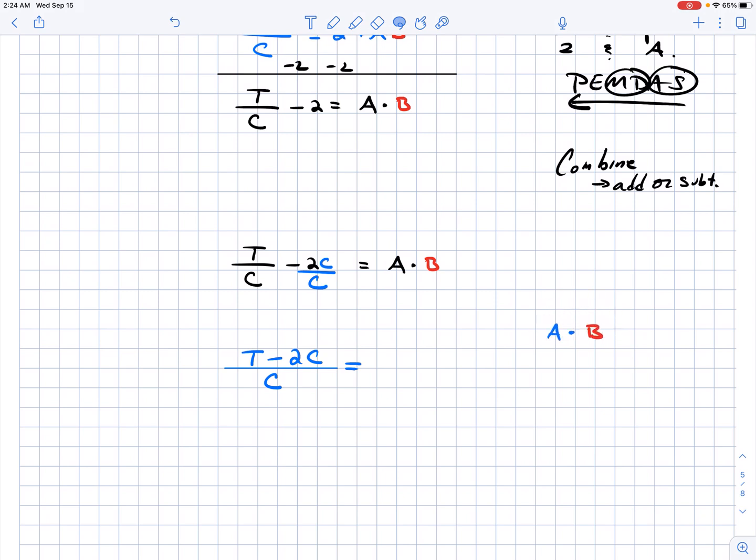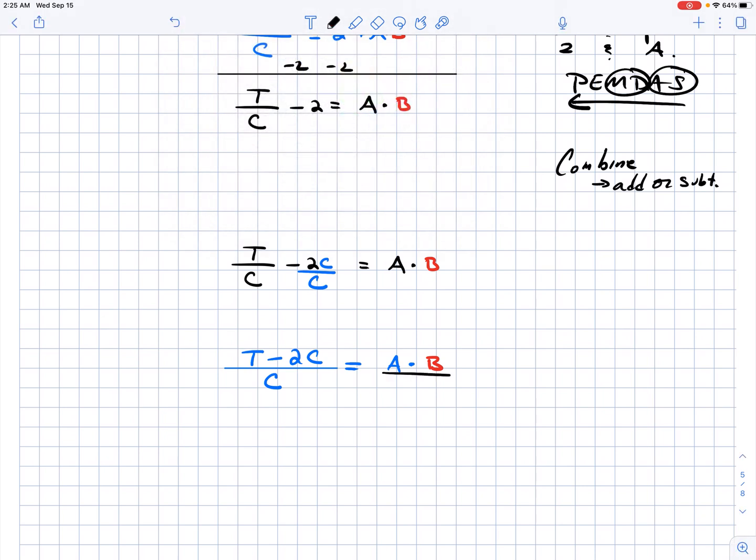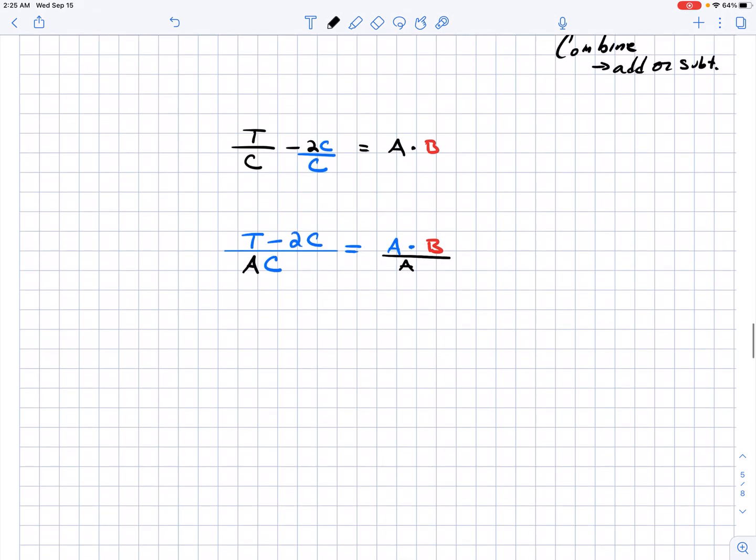And do the opposite of that operation, the inverse of that operation. So when we do that, we divide both sides by a, and we get t minus 2c all divided by the product ac is equal to b.